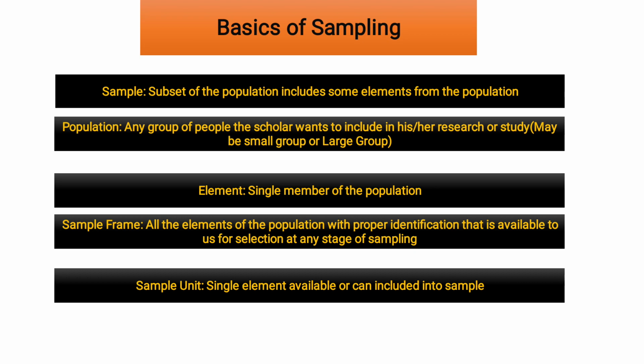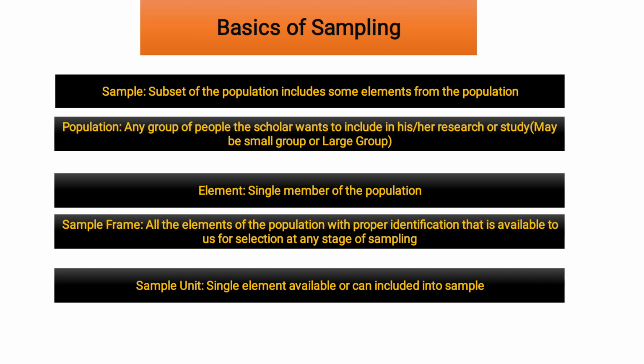Now, if all the employee IDs are in your hand and you are drawing these employee IDs, then as long as the employee ID is in the sample frame, you call it an element of the population.